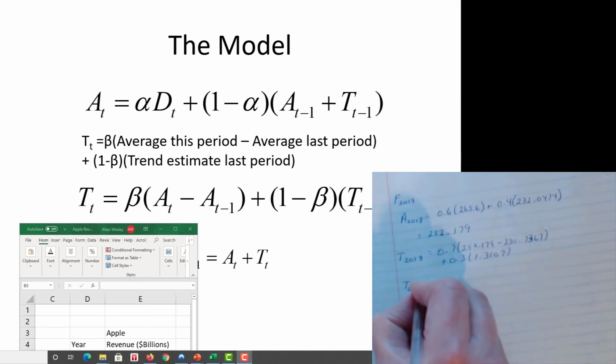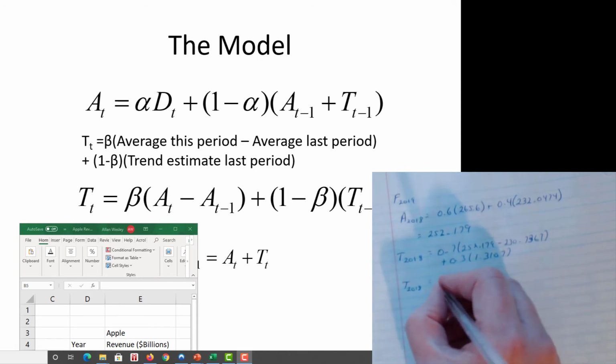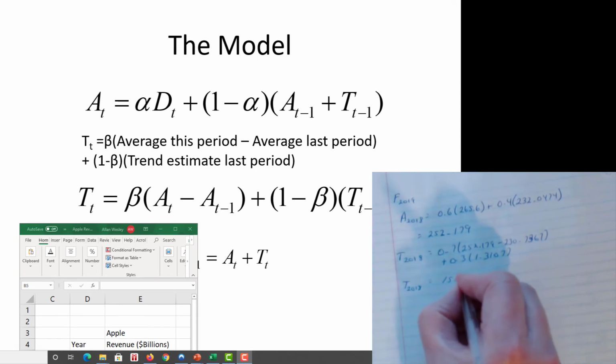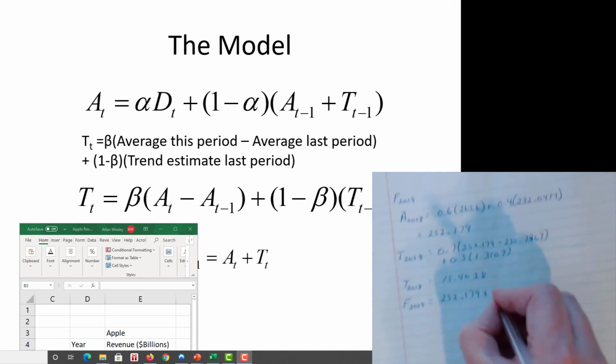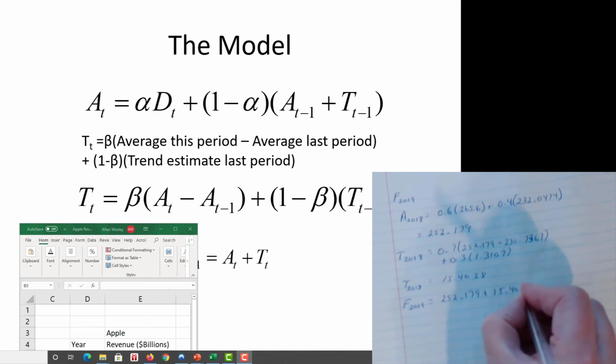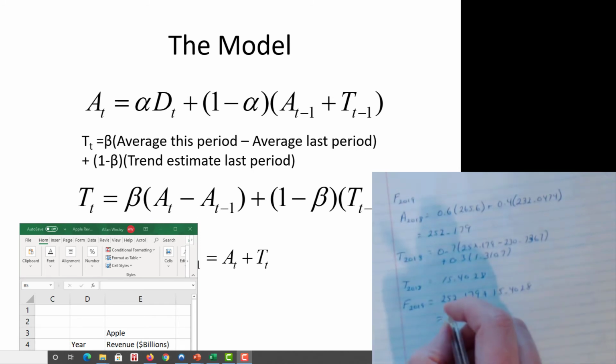The trend for 2018 is revealed to be 15.4028, making our 2019 forecast equal to 252.179 plus 15.4028.